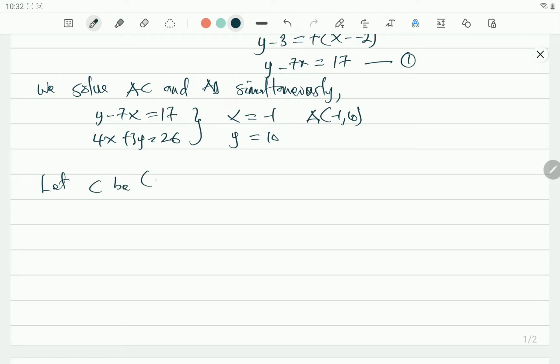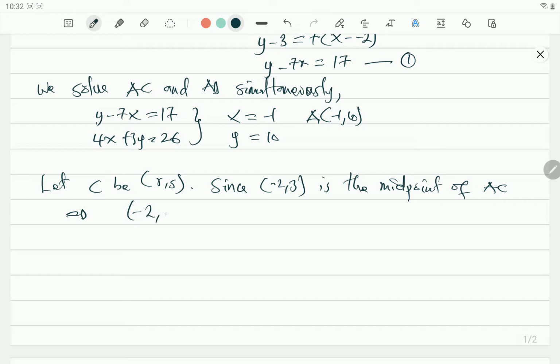So I'm now going to let C be represented by R, S. So since minus 2, 3 is the midpoint of AC, it implies that minus 2, 3 is going to be, so we use the midpoint formula, that is x1 plus x2 over 2, y1 plus y2 over 2, and we have everything already, so we just substitute.